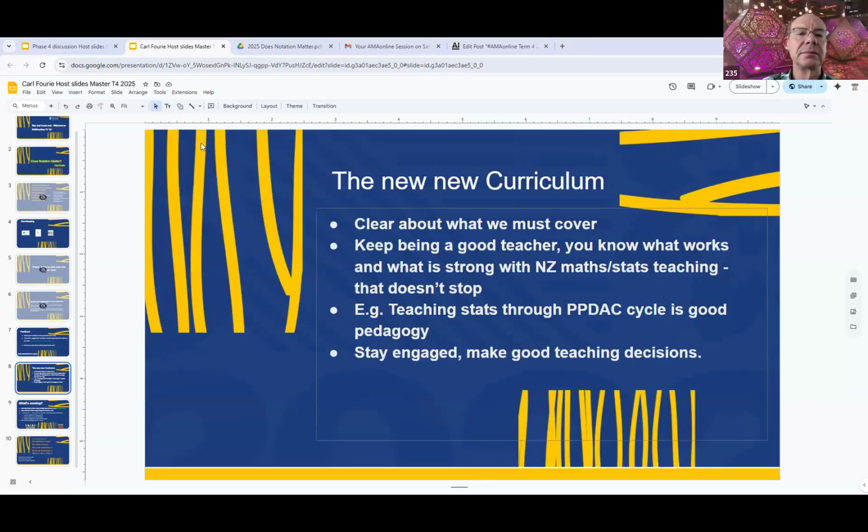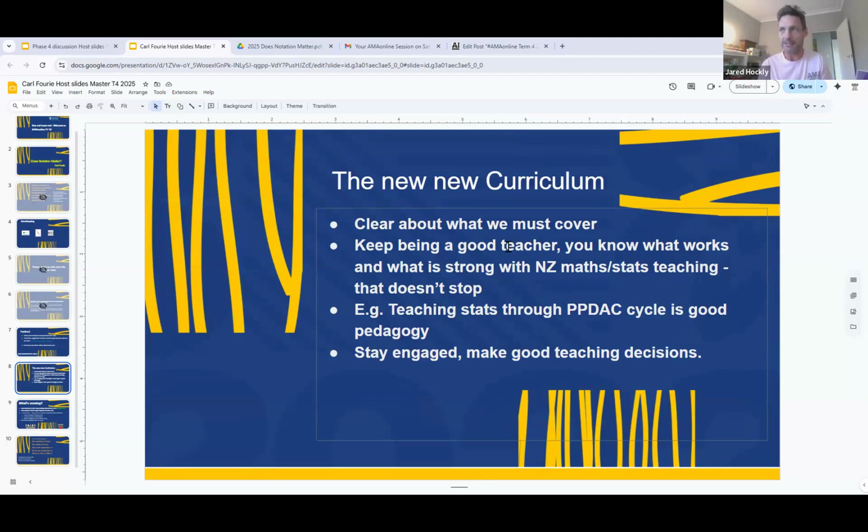We do have this new curriculum, and a couple of us were talking and wanted to say that this curriculum is really clear about what we're teaching. There is a little bit of unhappiness around the place about what's gone out of that curriculum at certain places.